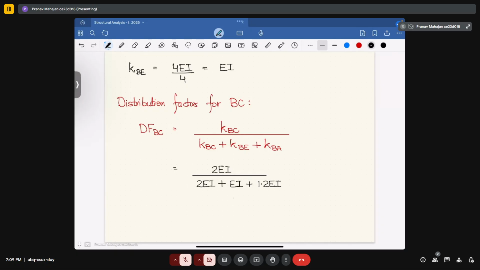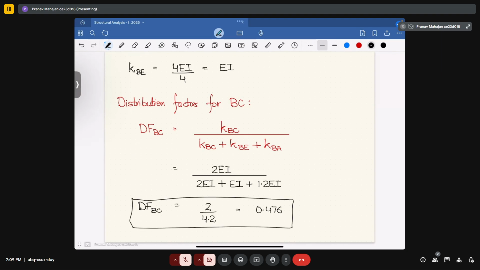So that will accumulate as 2 divided by 4.2, and it will give you the value as 0.476. So your distribution factor for BC will be like this. Okay, so we have calculated the distribution factor for BC.